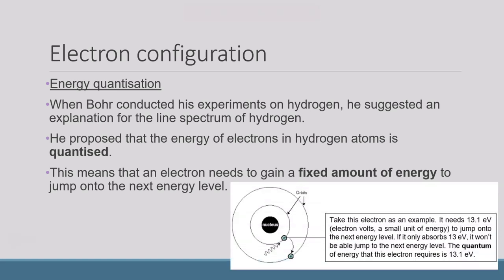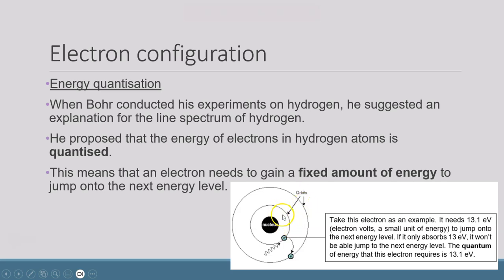Let's take a look at this picture over here. We have an electron sitting in the first energy level. Now, if it gets excited, it has the potential to jump onto the next energy level. But it needs to absorb 13.1 electron volts, which is a very small unit of energy. So let's just say 13.1 units of energy to jump onto the next level.